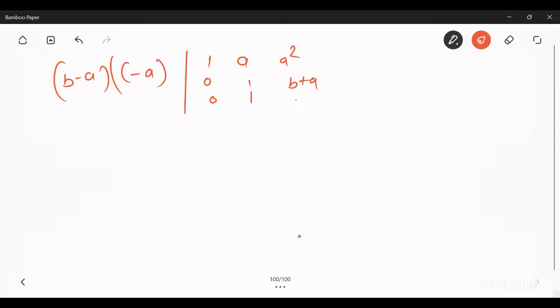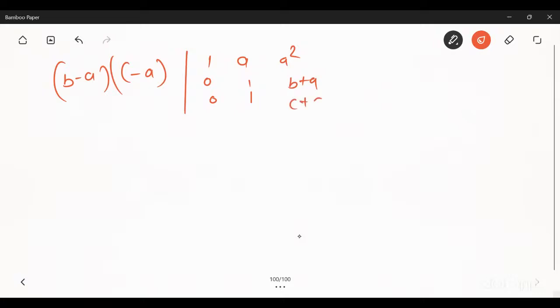Now expand along C1, so you will get b minus a, zero, a minus b, minus c, so you will get c minus b.